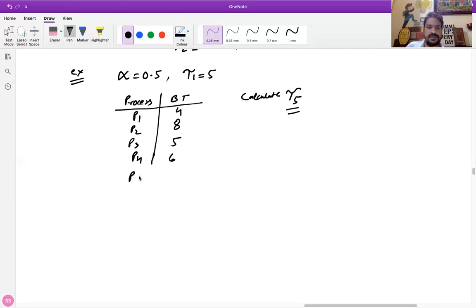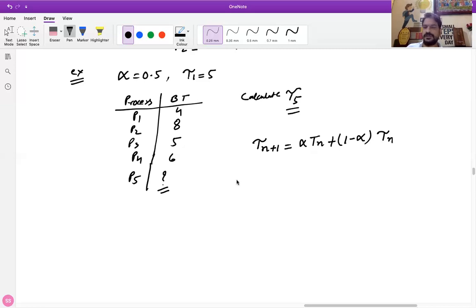So we'll use the exponential averaging algorithm to calculate the time of process 5. Now, what is the formula? For tau n plus 1, meaning the predicted time of n plus 1, we have alpha into the actual time of the previous process, which is n, plus 1 minus alpha into the predicted time of the previous process, which is n.